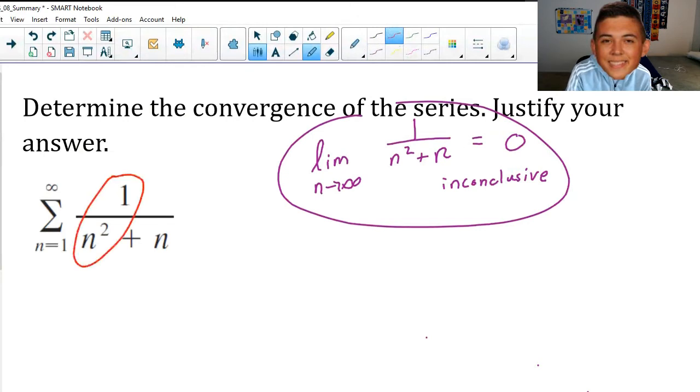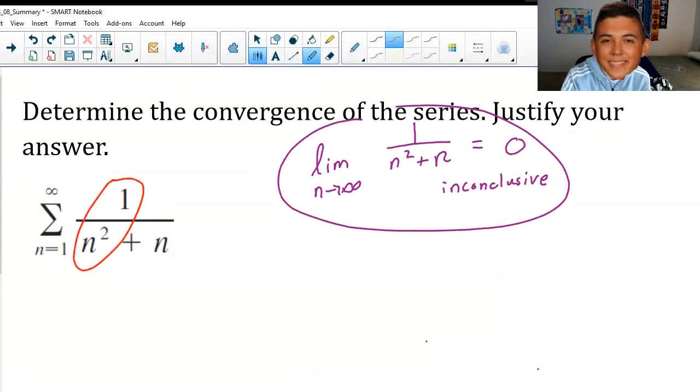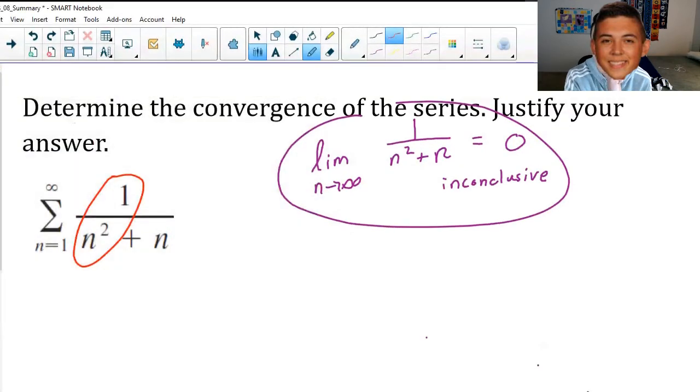But when I look at this, I think, hey, wait a minute. 1 over n squared, I know what that would be, because that's a p-series.